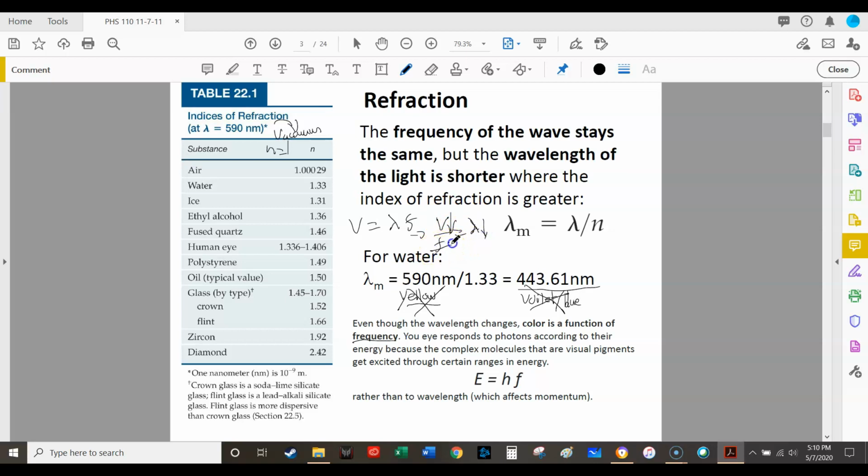But your frequency has to remain constant. So that's how it's balancing out. In order for it to slow down, its wavelength has to change, but what's not going to change is the frequency. Okay? So that's why objects don't change color underwater, when you're going through different mediums. Okay?